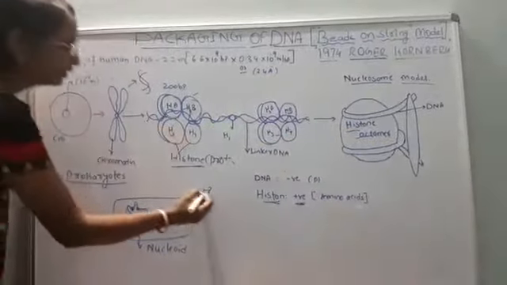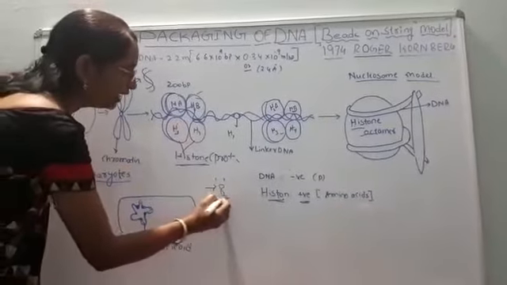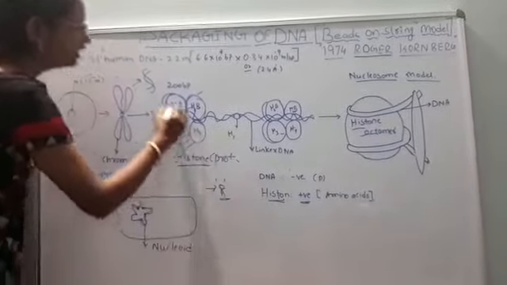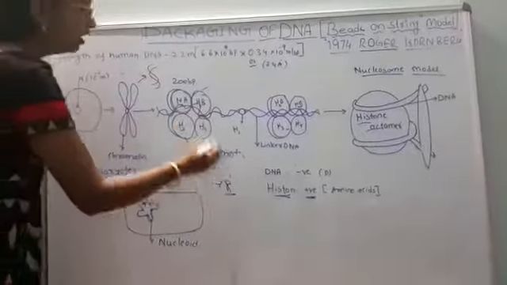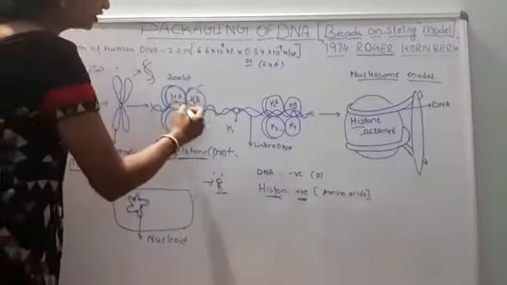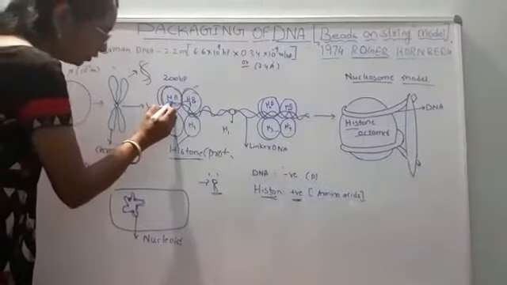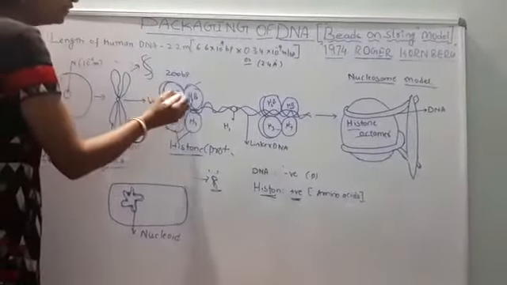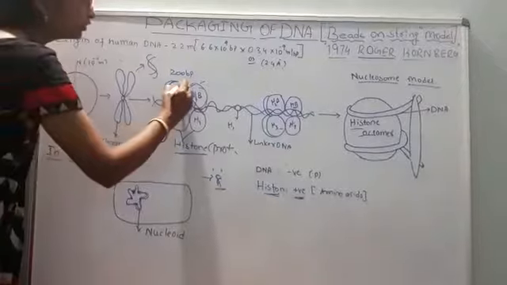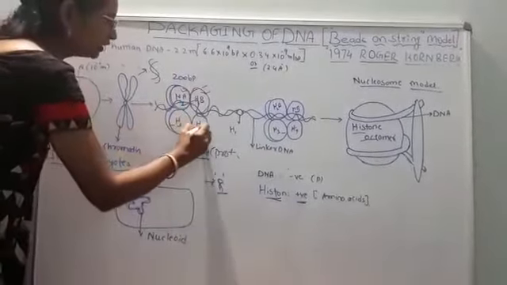Octa means 8, so they are organized to form 8 different molecules of an organized structure, which gives rise to the nucleosome. So what are those histones? The 4 different kinds of histones are H2A, H2B, H3, H4.